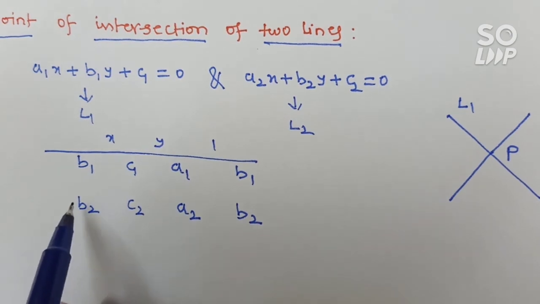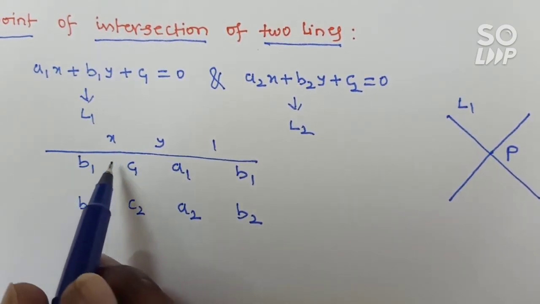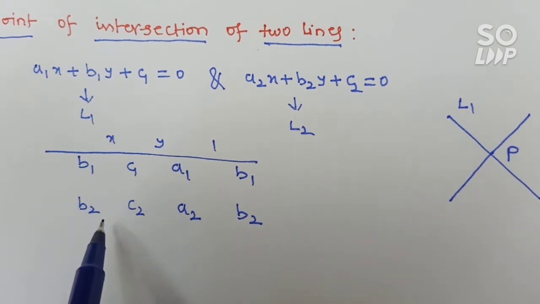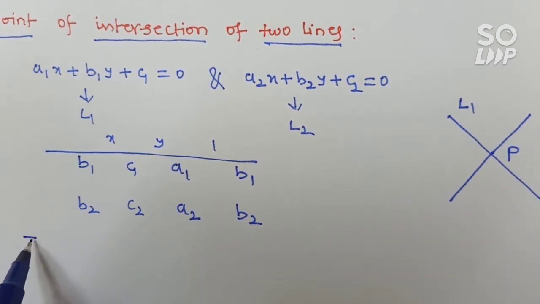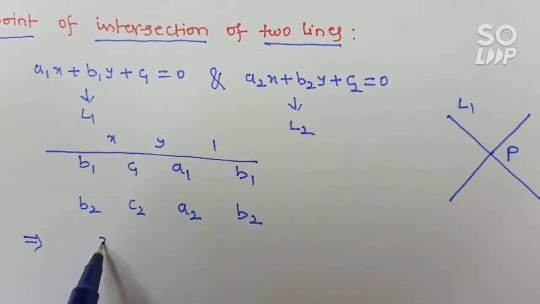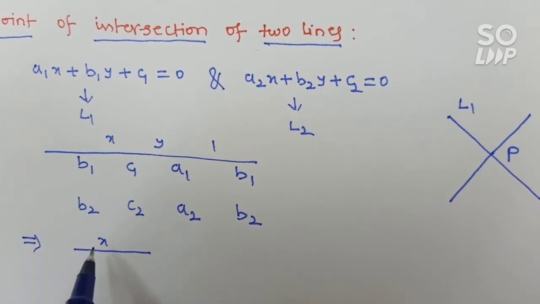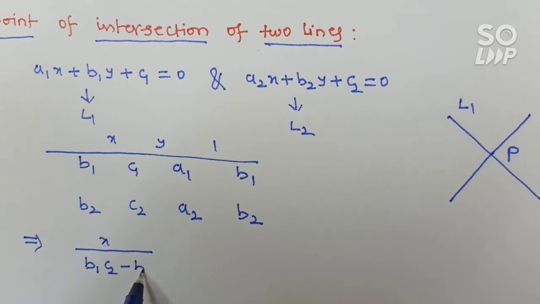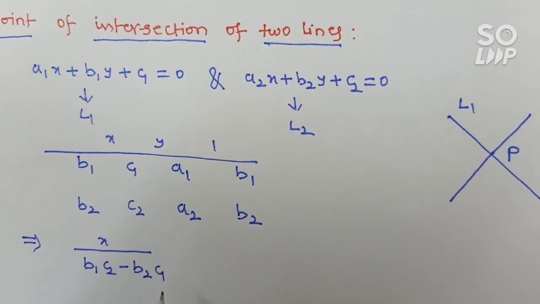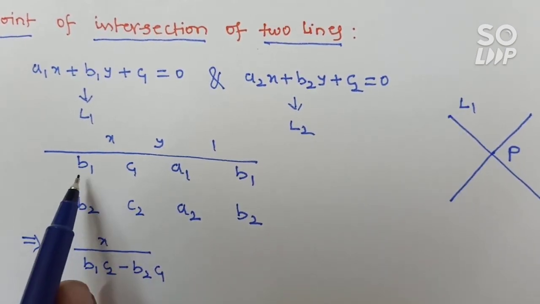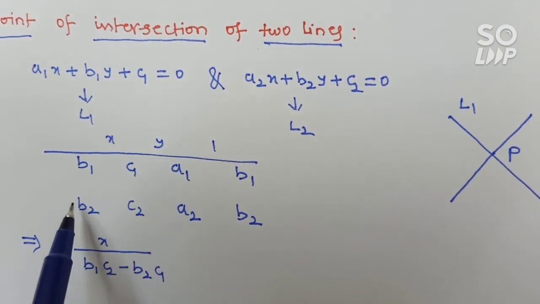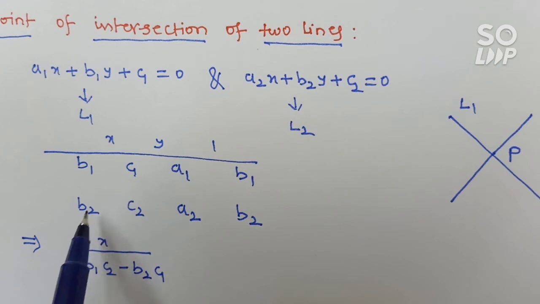So now by taking the first two columns, you write the determinant of the 2 by 2 order matrix. That gives x by (b1 c2 minus b2 c1). Already in the lower classes, the determinant of a 2 by 2 order matrix [A, B; C, D] is AD minus BC.